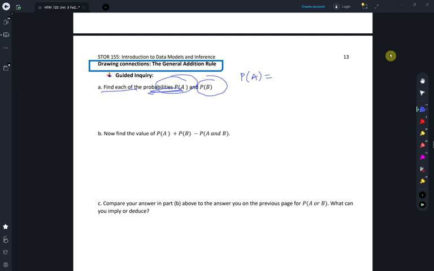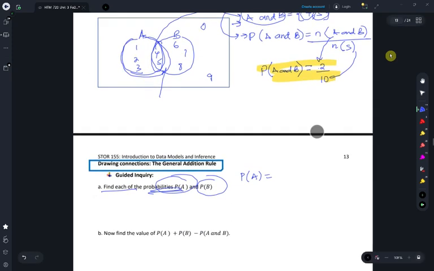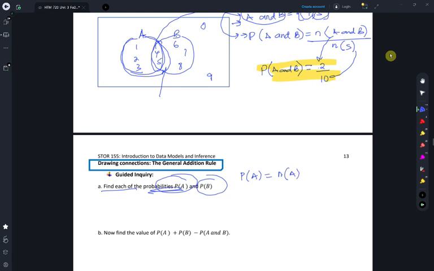Probability of A will be the number of points in A all over the total number of points in S. That'll be 1, 2, 3, 4, 5, so 5 out of 10. A similar argument can be made for probability of B, the number of points in B over the number of points in the sample space. How many numbers do we have in B? That is another 5 over 10.